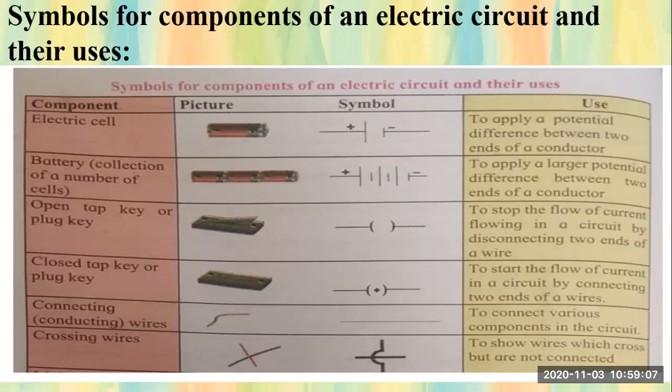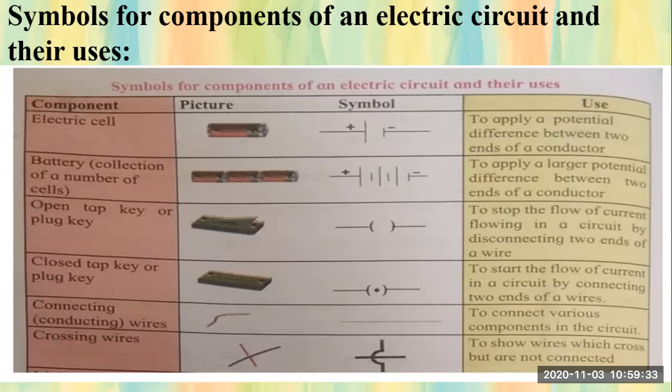We know how it looks, and what is the symbol? The big line is the positive terminal and the small line is the negative terminal. What is the use of this electric cell? To apply a potential difference between two ends of a conductor.